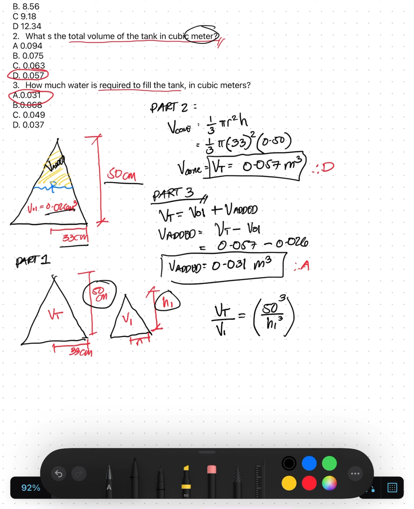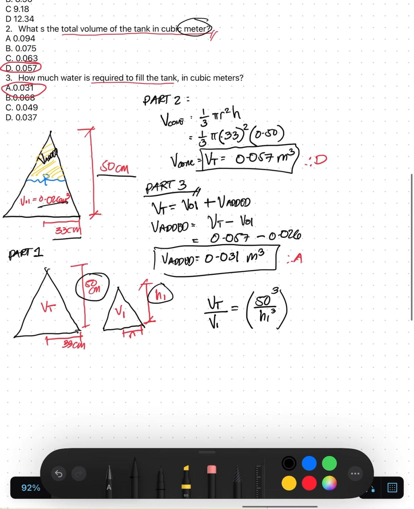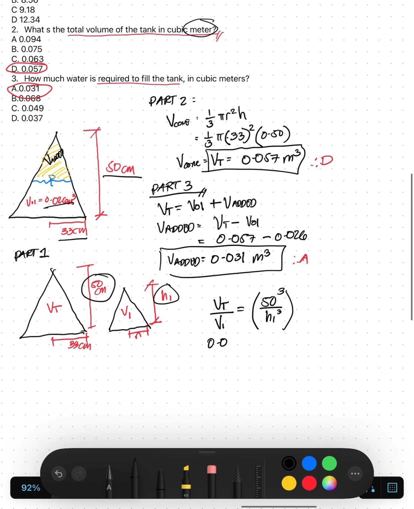The total volume, as we already calculated a while ago, is 0.057, while V1, the volume added, is 0.031, so that is equal to 50 cubed over h1 cubed.